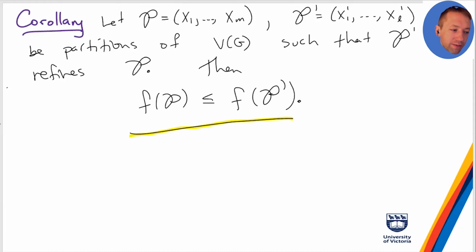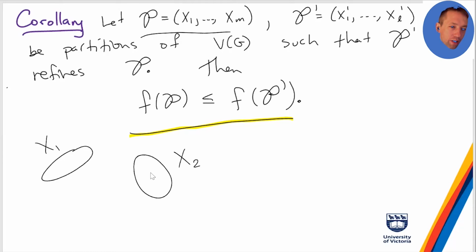And why does this follow from the lemma? It's because you can just look at all pairs of sets. When I'm computing F for P, it just looks at pairs of sets, computes some value and adds them up. So really I can just focus on a given pair of sets. And then in P prime, maybe each of these sets is refined.